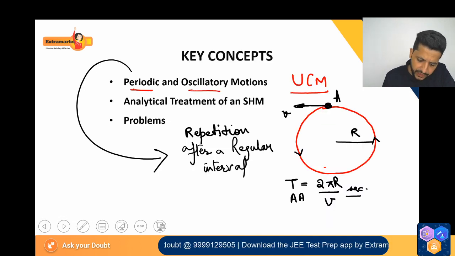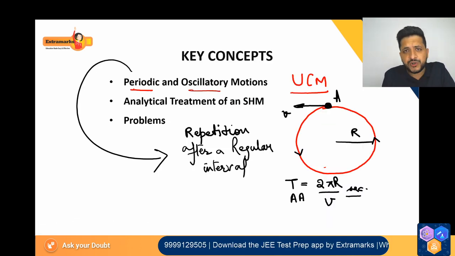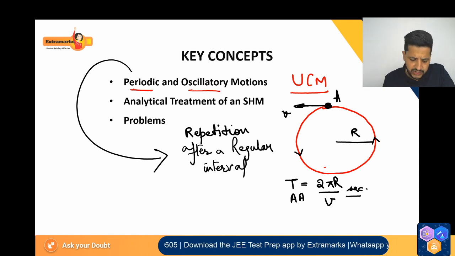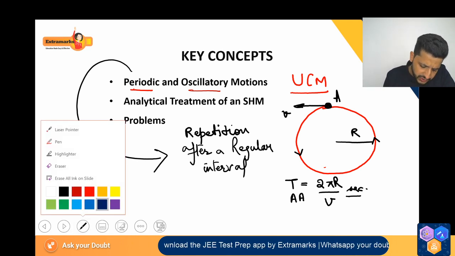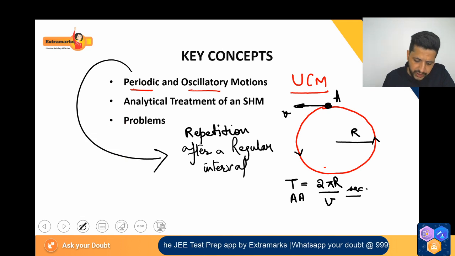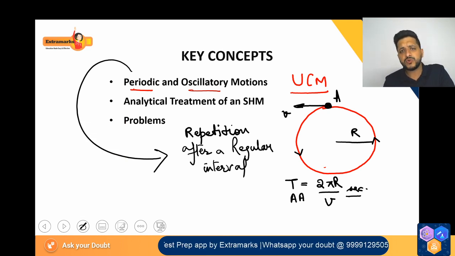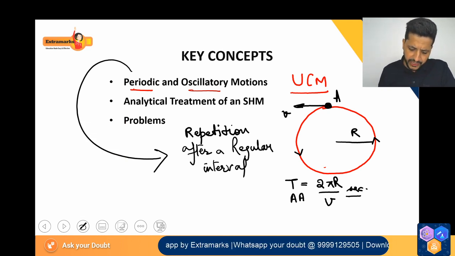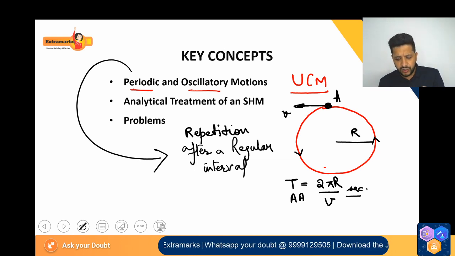Because we are defining two types of motion, one is periodic, another is oscillatory, I will also define certain assumptions along with these two types of motion. The first assumption is, wherever I am showing you any diagram or animation in this discussion, there is no energy loss.